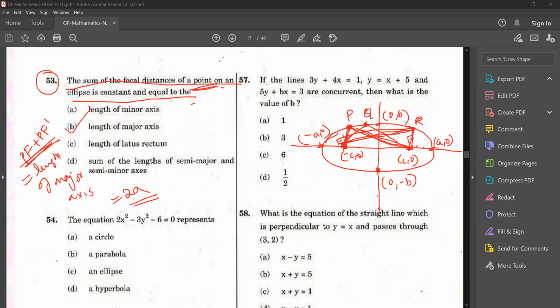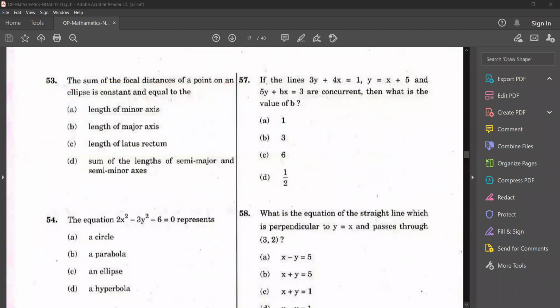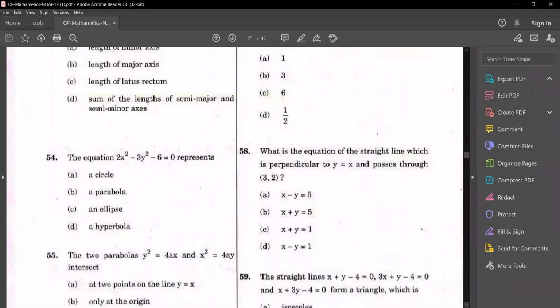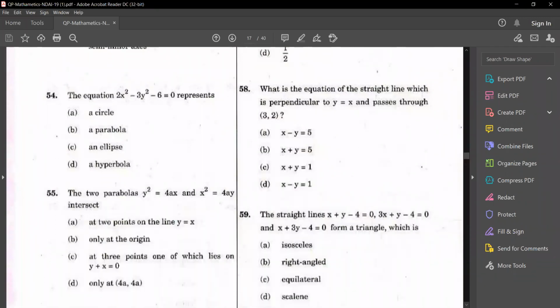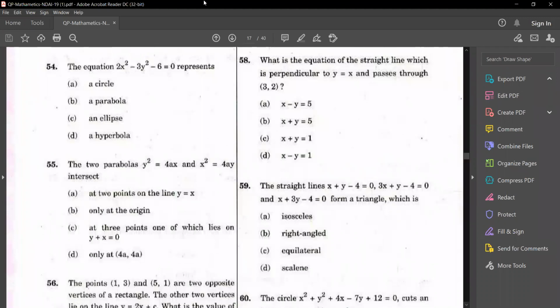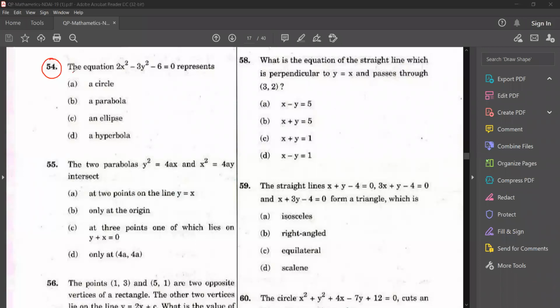Now go to the next question. Question number 54: the equation 2x square minus 3y square minus 6 is equal to 0 represents. Options: circle, parabola, ellipse, hyperbola. All of you have to try this and comment your answers too. I'll give you 1 minute.